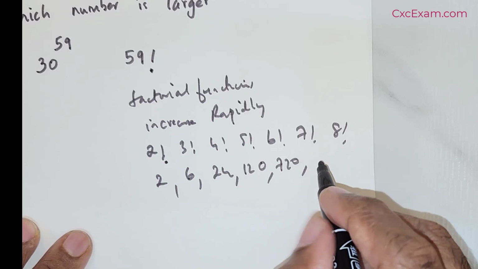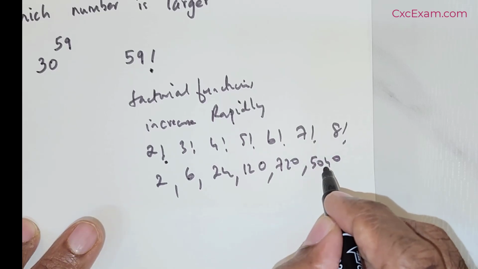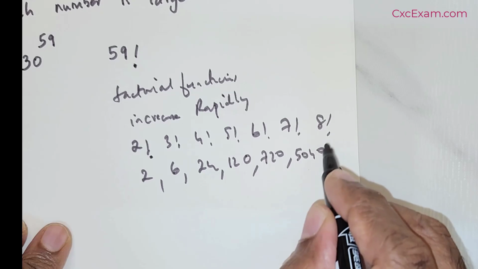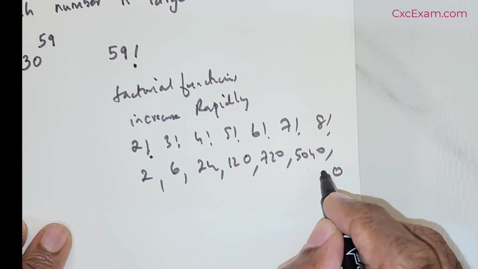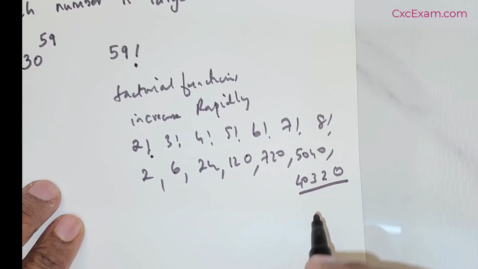And 7 factorial is 5040. 7 2s are 14, 1. Okay, that's correct. And 8 factorial is 8 4s are 32, 3 and 40320.